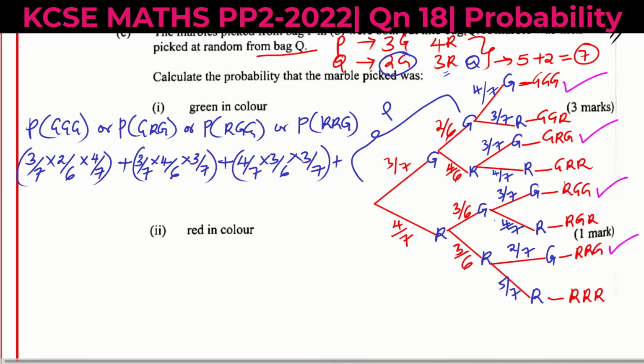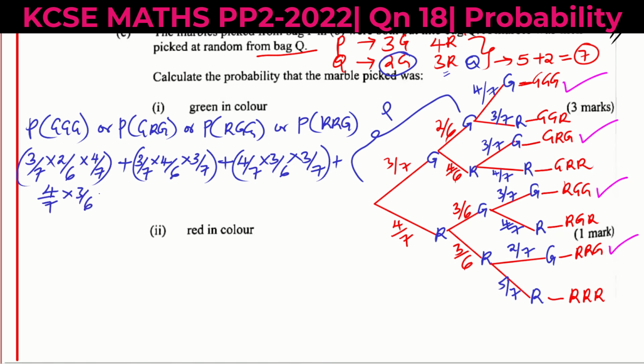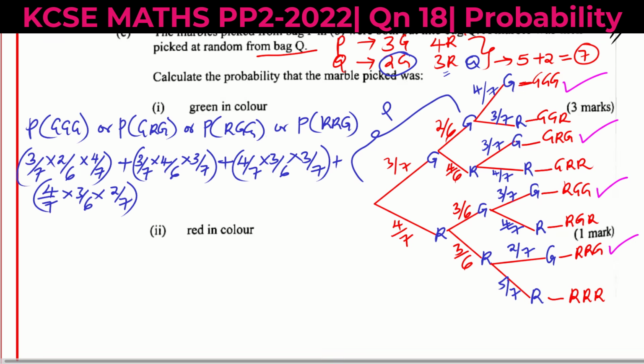Then the last one is red, red, green. So we have 4/7 times 3/6, then times 2/7. So those are the outcomes and the probability that the marble picked was green in color.